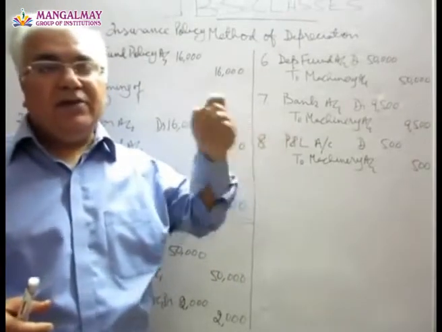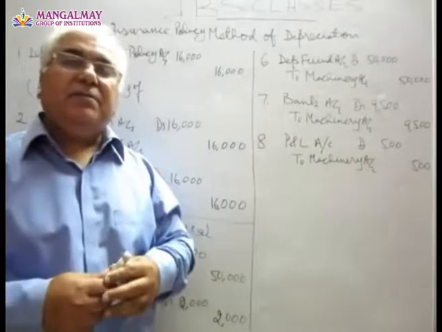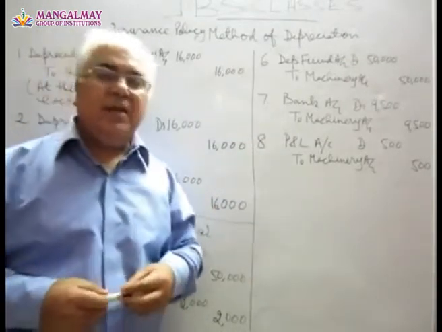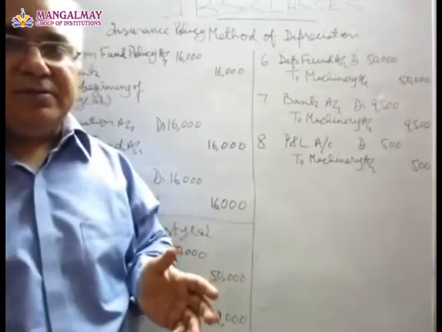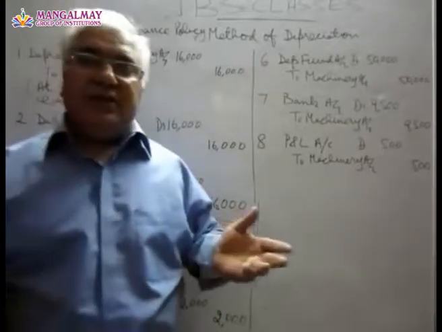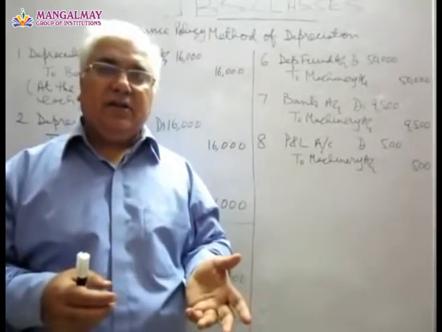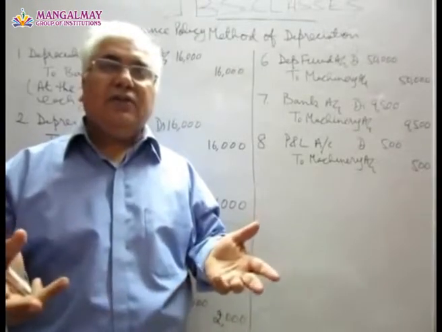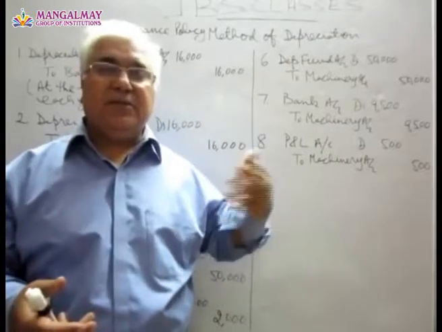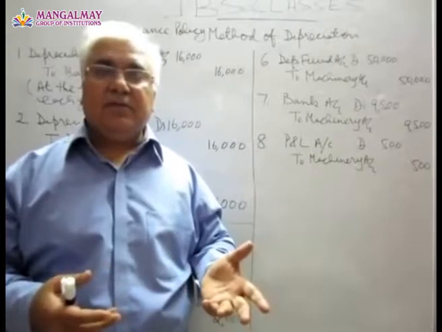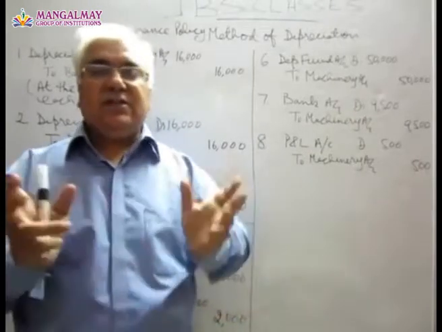We don't invest ourselves. Rather we go to a general insurance company and buy an insurance. We just pay premium at the beginning of each year, and at the end of the useful life of the asset or the machinery, whatever it is, they pay us the promised amount. Okay, now this is the system.